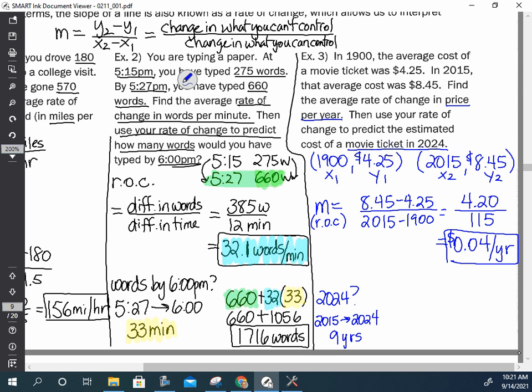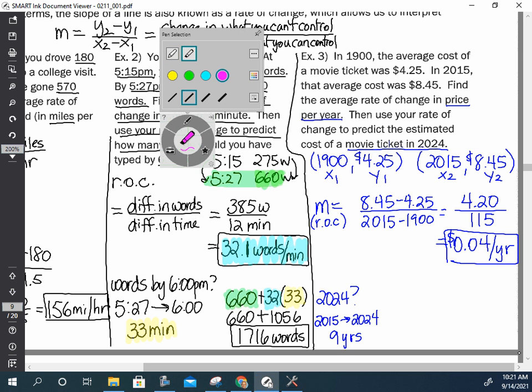So example 3 is very similar to example number 2. Take the last data point that was given to you, which was $8.45.